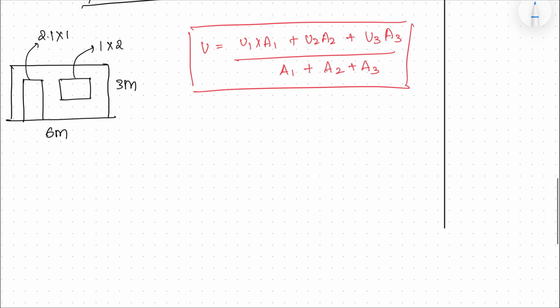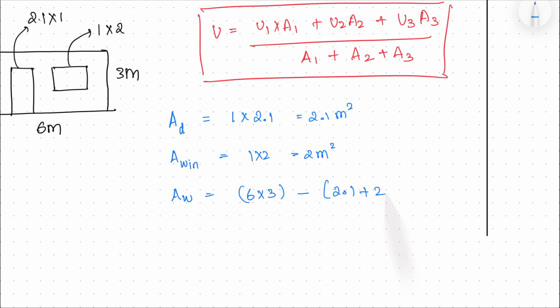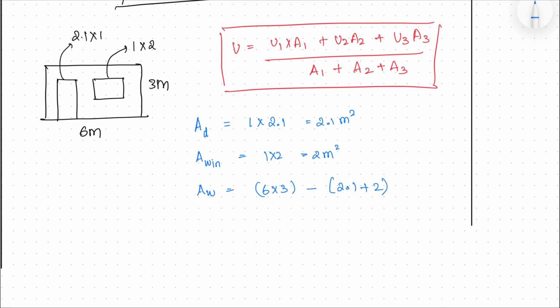So firstly, we have to find the area of each surface. So the area of the door is 1 into 2.1, so you have 2.1 square meter. Area of the window is equal to 1 into 2, so 2 square meter. And area of the wall would be 6 into 3 minus 2.1 plus 2, because I've talked about this in the last video as well.